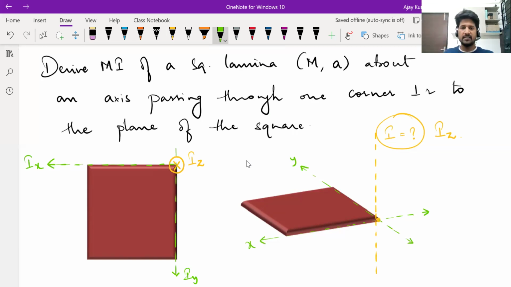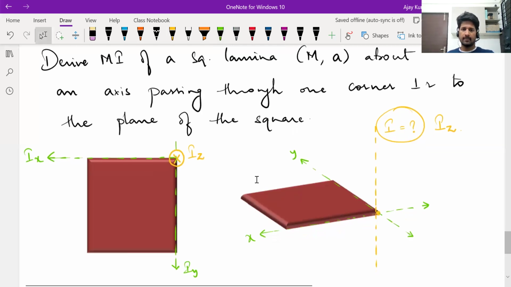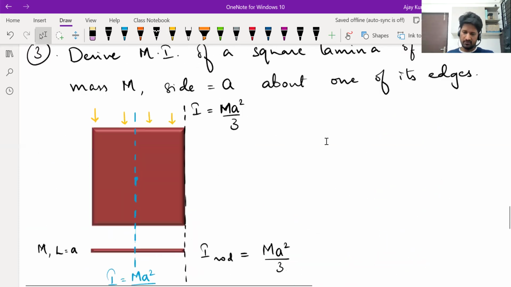The square lies in the xy plane and you are asked the moment of inertia about the z-axis. So if you know Ix, Iy, you can tell Iz. Do we know Ix and Iy for the square? X and Y are like the edges of the square. Do you know the moment of inertia of a square about its edges? That is what we derived in the last question, no?